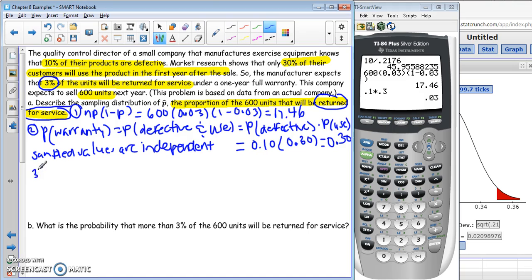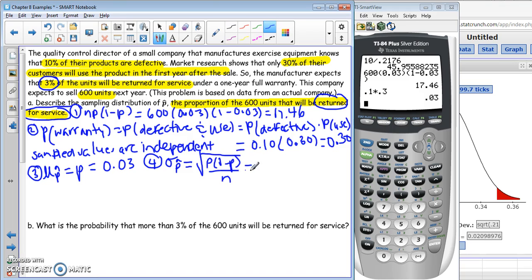Our mean here is p, which is 0.03, and our standard deviation is going to be the square root of p times 1 minus p divided by lowercase n, so 0.03 times 1 minus 0.03 divided by 600.